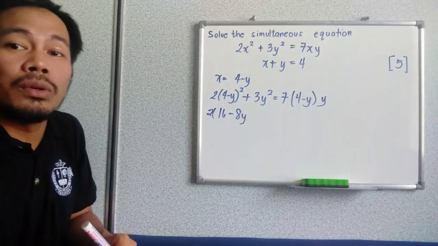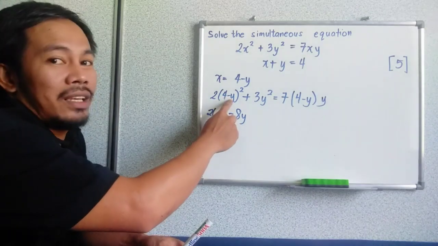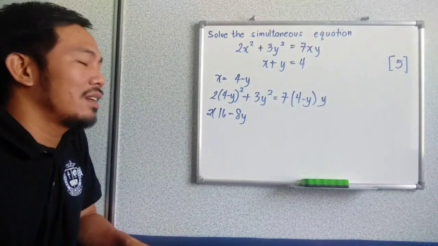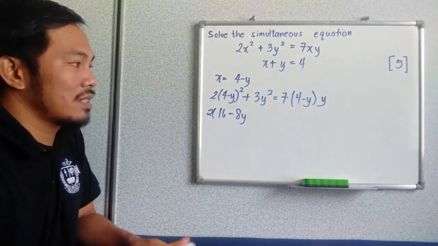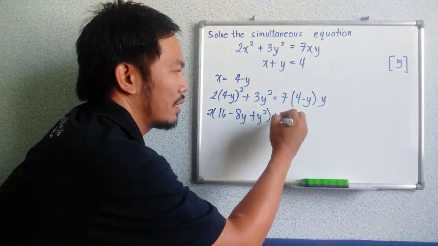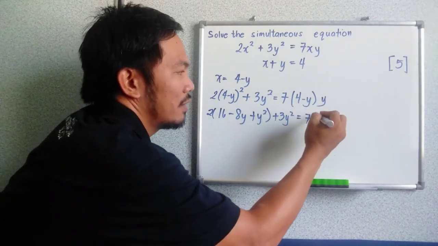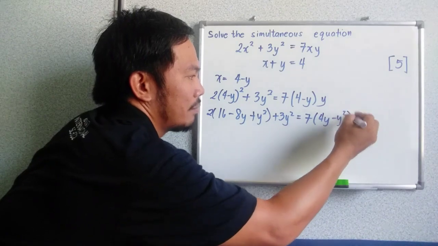Okay, so 2 minus 2ab, so minus 4 times y is 4y, times 2 is equal to negative 8y. Next, plus y squared plus 3y squared, okay, this will become equal to 7 times (4y minus y squared).